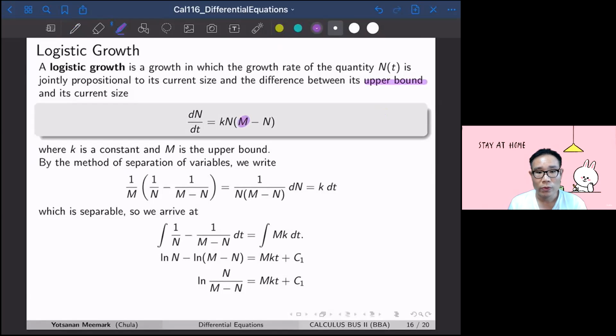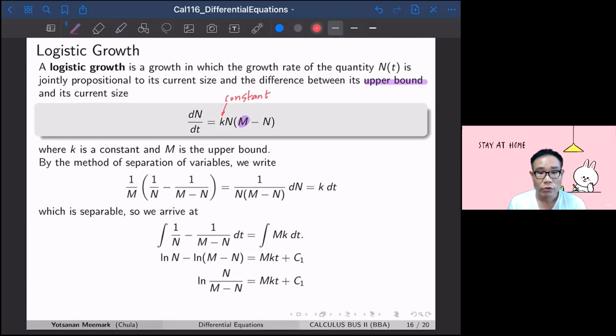Okay, so the differential equation that we have is dN/dt equal to k, which is constant, times N times (M minus N).